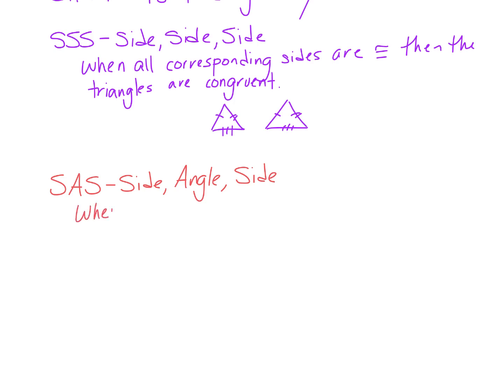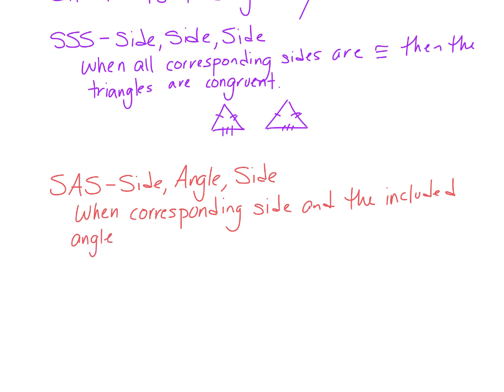When corresponding sides and the included angle are congruent, we'll just keep it a little bit short, then we know the triangles are congruent.